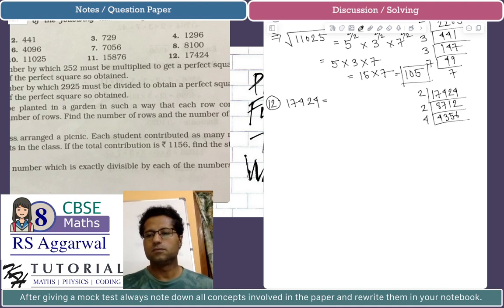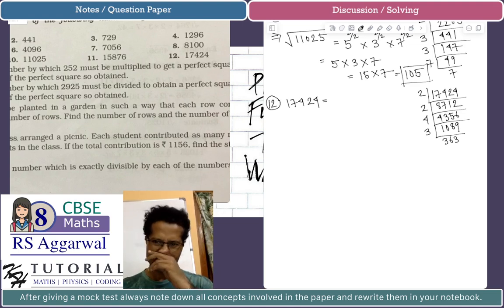So this is 1089, I guess, and then let's divide this by 3. We have 363. Then again divide by 3.